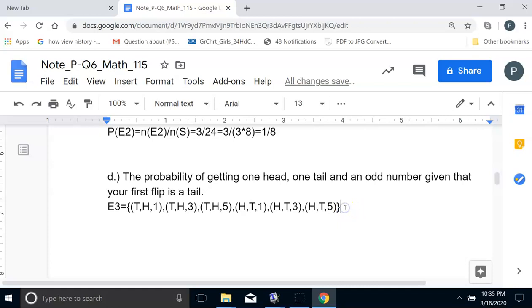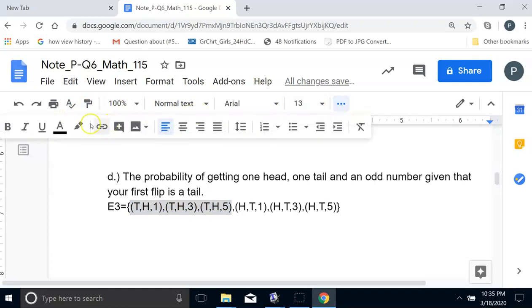So there's a slight twist in this one because we're not looking for the probability of E3. We're looking for the probability of E3 given that the first flip is a tail. If you look amongst these, the ones where the first flip is a tail would be these first 3. Let's highlight them. So those 3 in event 3 have a first flip that is a tail.